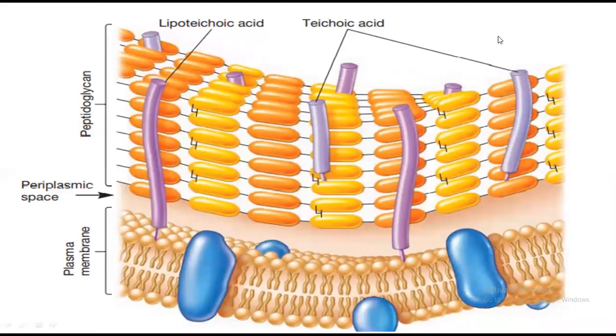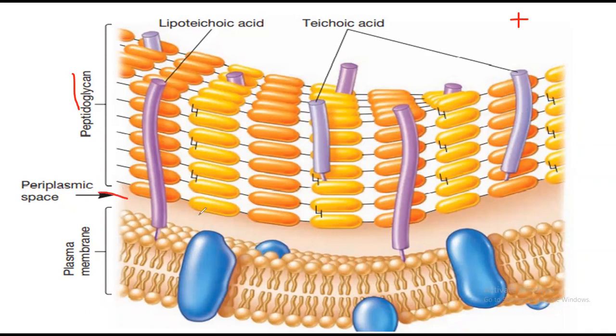First of all, you should know how the peptidoglycan layer is present in gram-positive and gram-negative bacteria. This is the structure of the gram-positive bacterial cell wall. In gram-positive bacteria, it consists of about 45 to 50 sheets of peptidoglycan layer. After that there is a periplasmic space, and after that there is a plasma membrane.